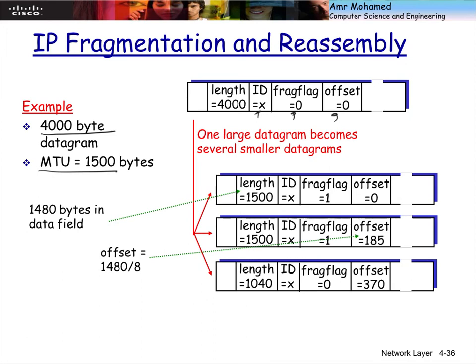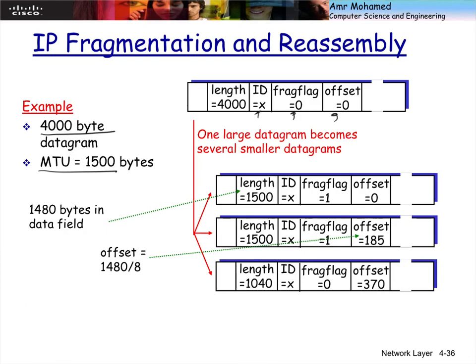So it's clear that I need to divide the 4,000 into 3 blocks. Are they equal size? Not necessarily. I didn't say that. I know they have to be divided into 3 fragments.